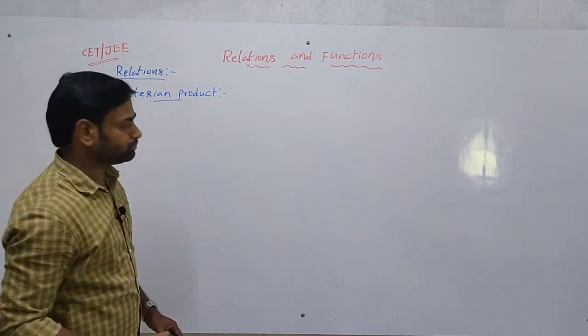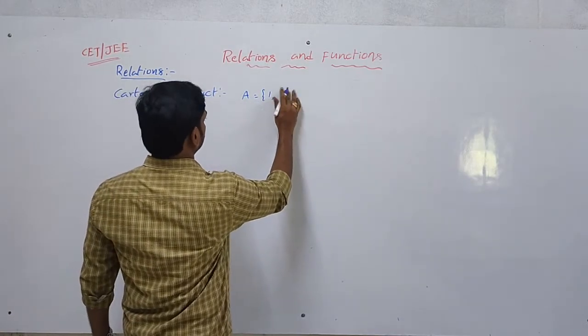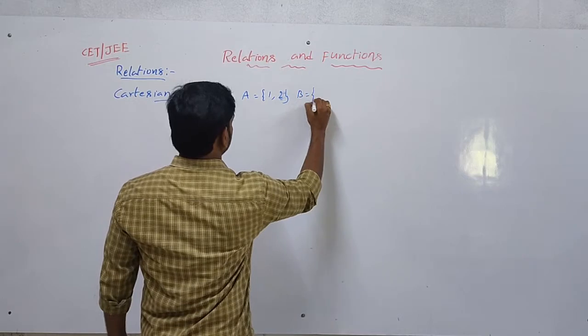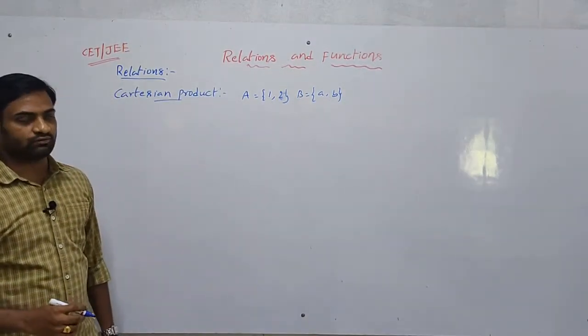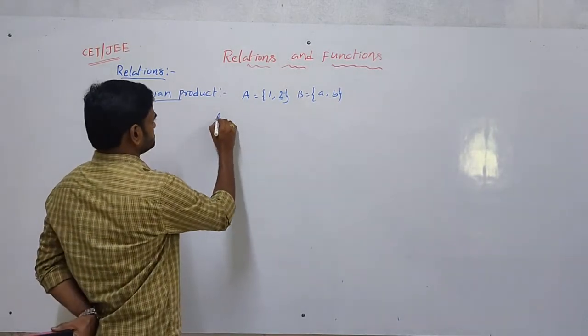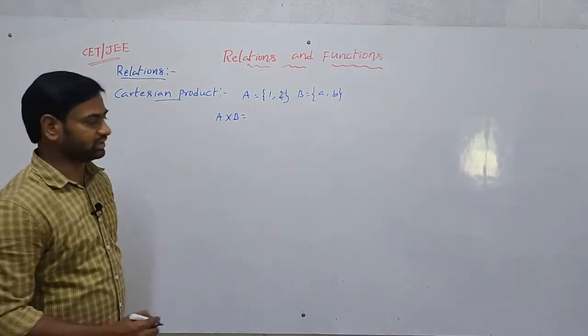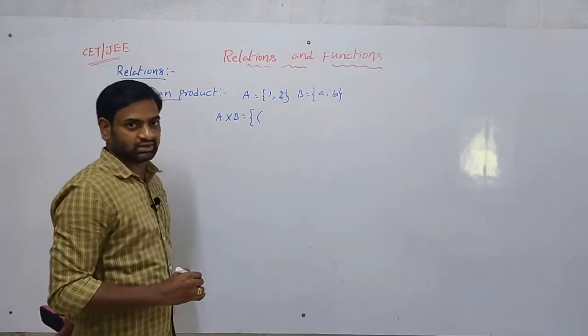Cartesian product. Suppose capital A is {1, 2}, capital B is {a, b}. What is the Cartesian product of A and B? That is A cross B. That is the set of ordered pairs.